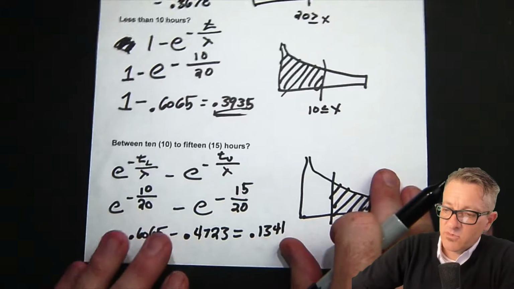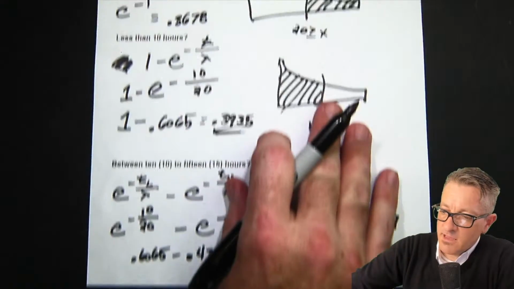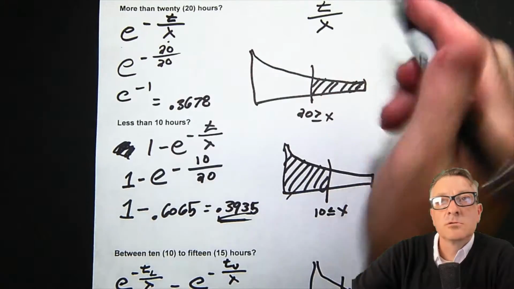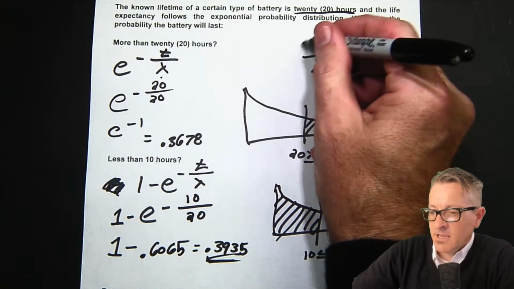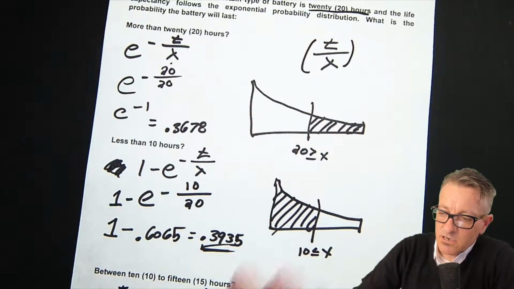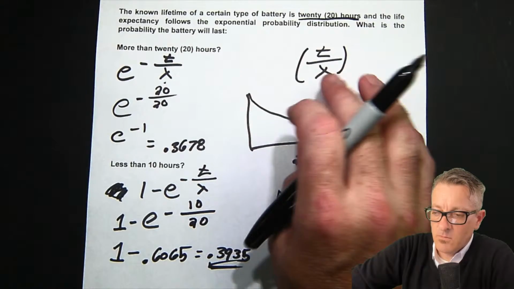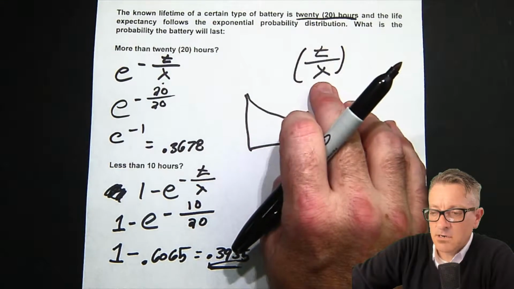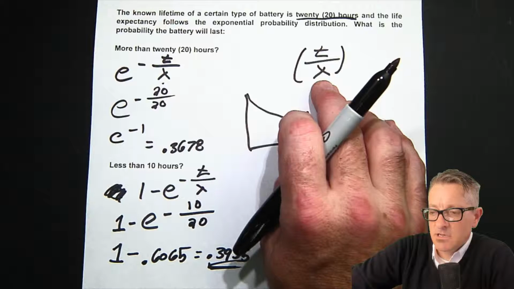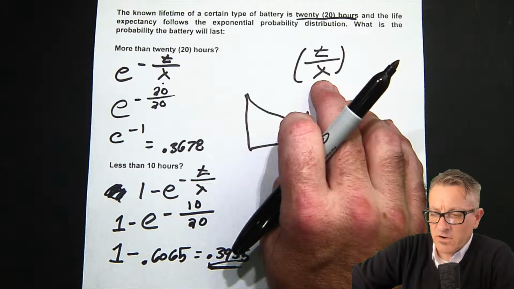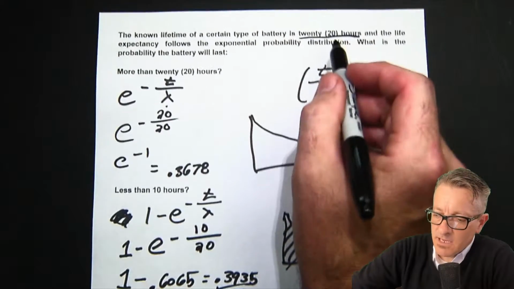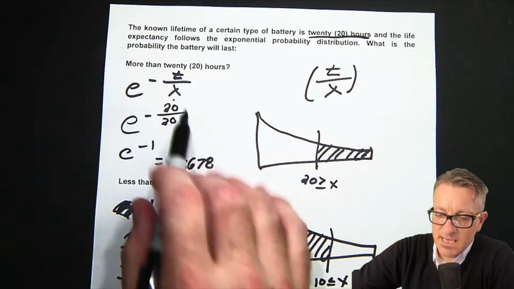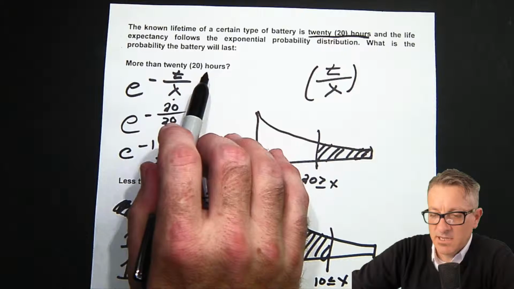So in summary, I admit the way I do this is a little different, and I believe it's actually easier when the units are different from each other. This says 20 hours, but let's say the question said a certain number of minutes.